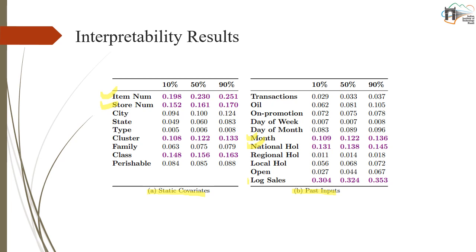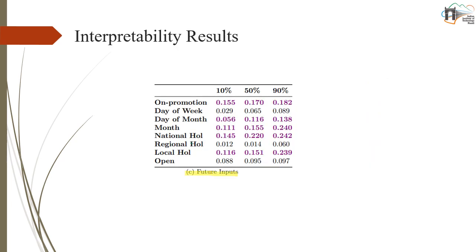Now coming to the other kind of inputs. The future inputs refer to the inputs which were known from time t to t plus tau, as I told you earlier in the slides.